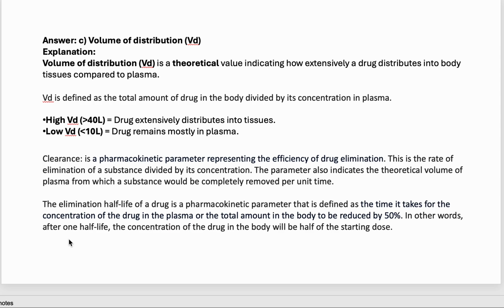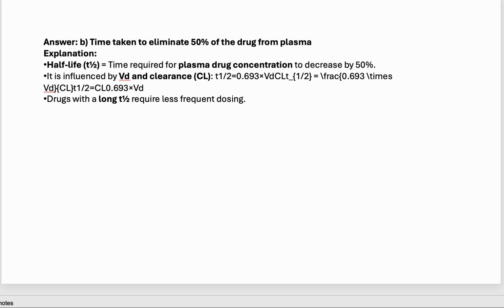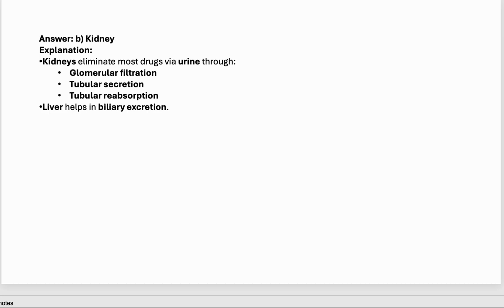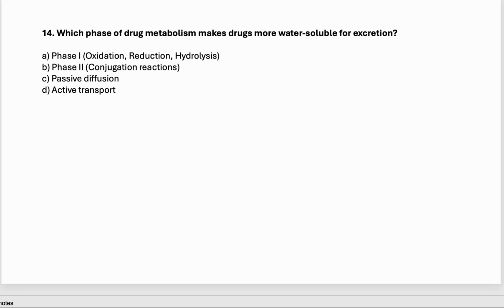I'll discuss this more clearly in the next class, if that's okay with you, because I remember putting some numericals for this one as well. I'll put it all together and discuss the clearance topic thoroughly, okay? Yeah, sorry.